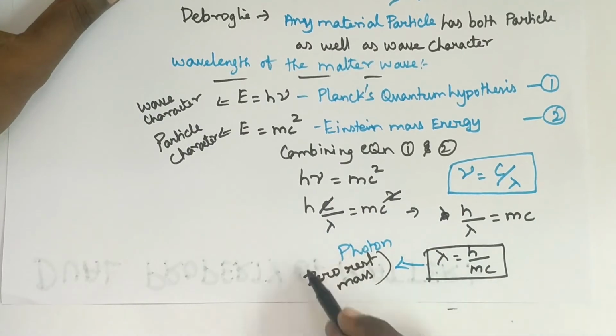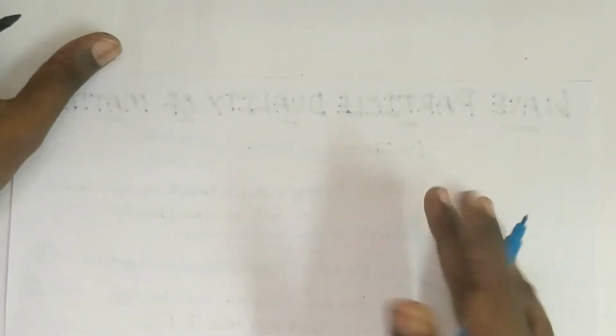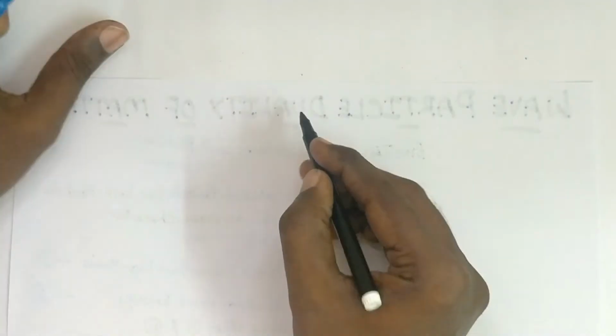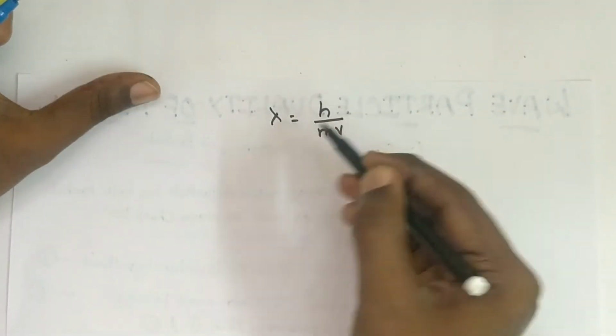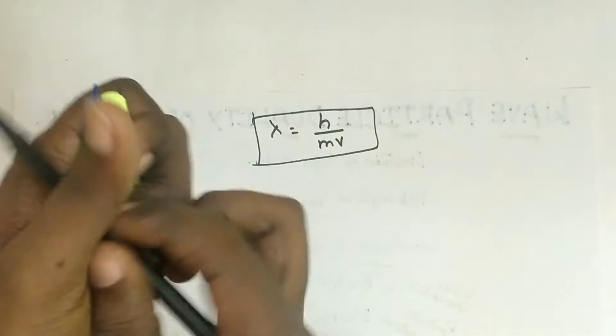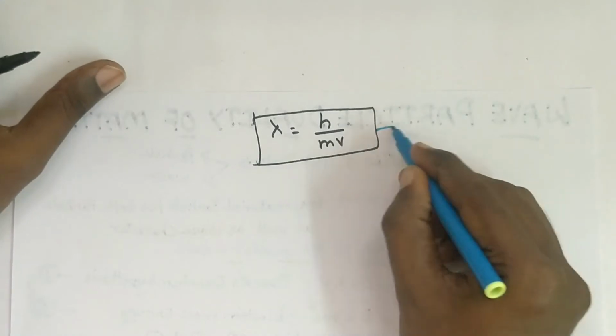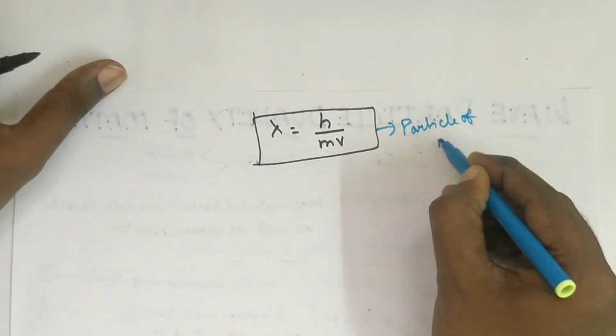In the case of a particle, the equation becomes lambda is equal to h by mv. The previous one is for photons, and this one is for particles of matter.